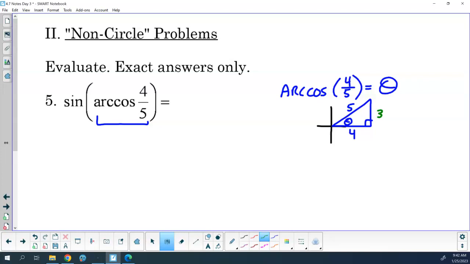So because that's going to give me an angle, I want the sine of that theta. And the sine of that theta is SOHCAHTOA, opposite over hypotenuse, so it would be 3/5.